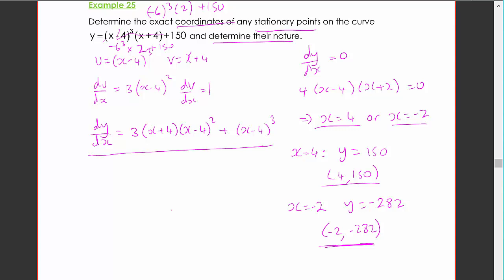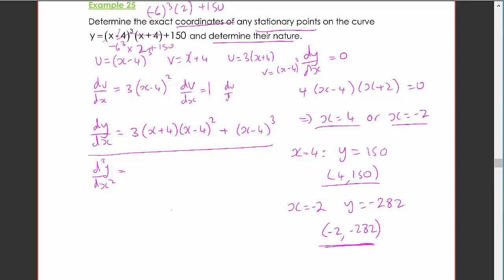So it's probably best for me to go from that line, and I want the second derivative, d2y dx squared. Now, if we think about this one, it's a product. So I'm running short of space here, but let's have u is equal to 3x plus 4, and v equals (x minus 4) squared.